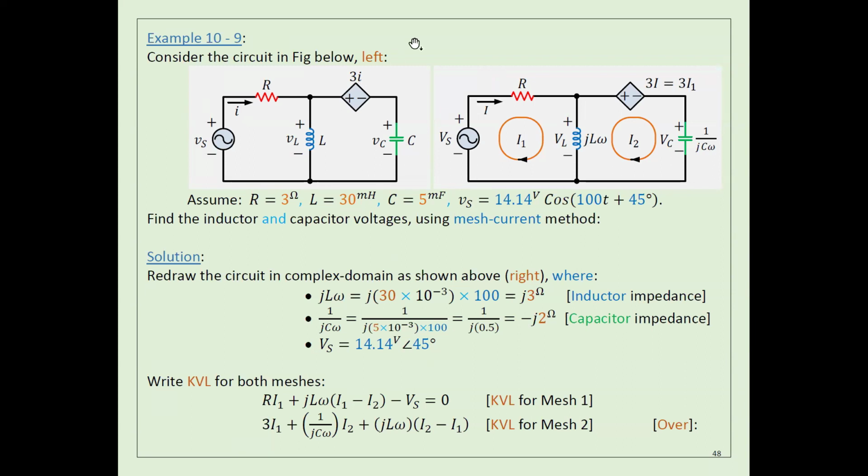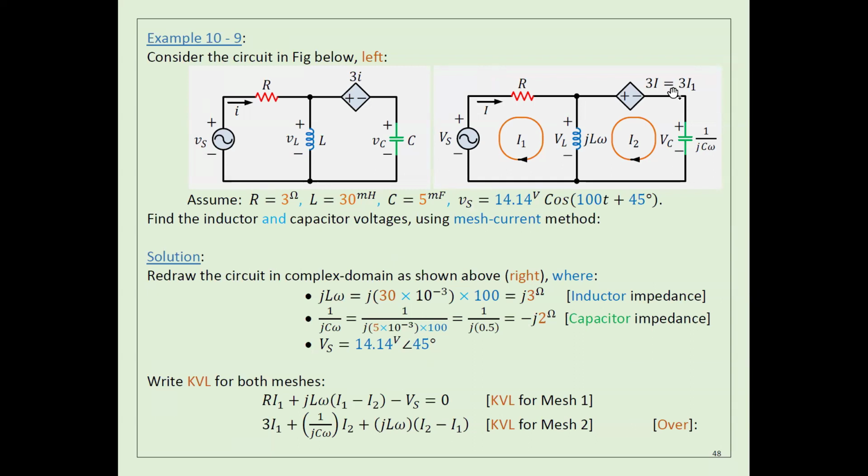In the complex domain it is going to be 3I, because this lowercase i I'm going to put as I in the complex domain. Because I'm applying mesh here, and in this loop, I equals I1. That's why I can say this one is I1.